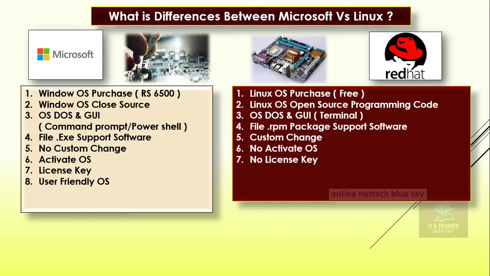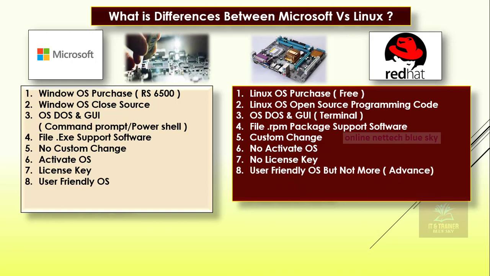You can power on your computer, log in, and start by clicking on the My Computer icon. So it is a user friendly operating system, and this is the Windows operating system, but Red Hat Linux is also a user friendly OS, though not as much.